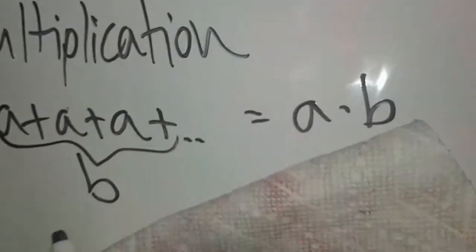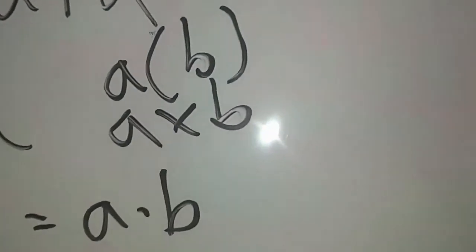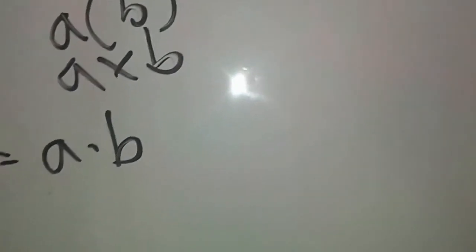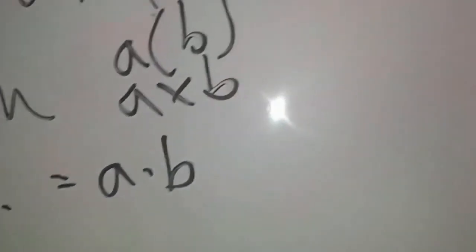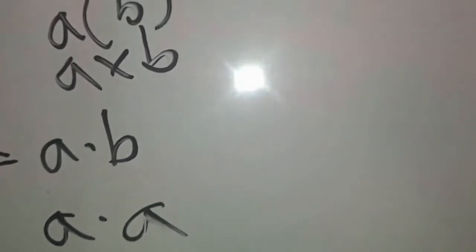That would give us a times b if the amount of repeated addition of a is b. We write a dot b, or a times b, or a parentheses b. Either way, you need to know what you're doing. We can set b equal to a once more, and that would give us a times a.